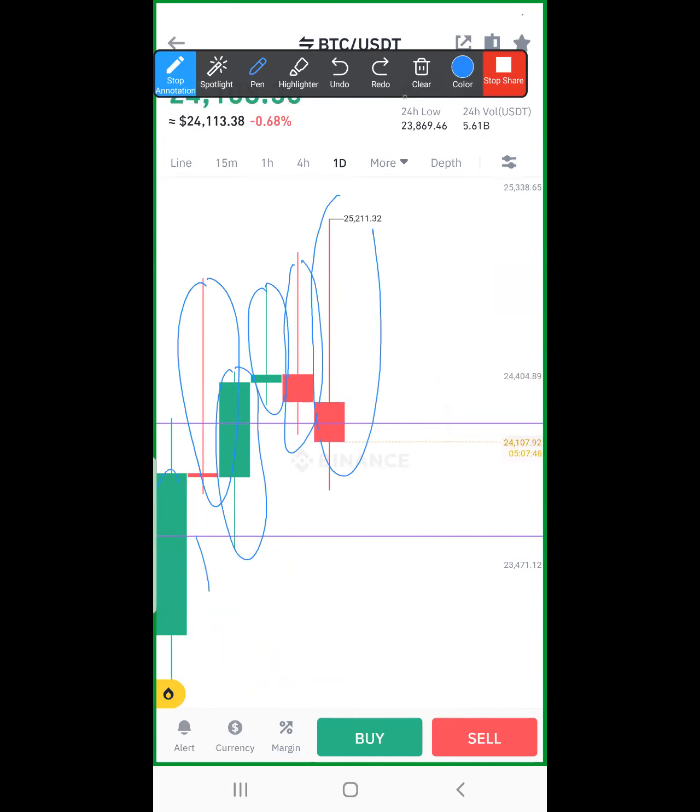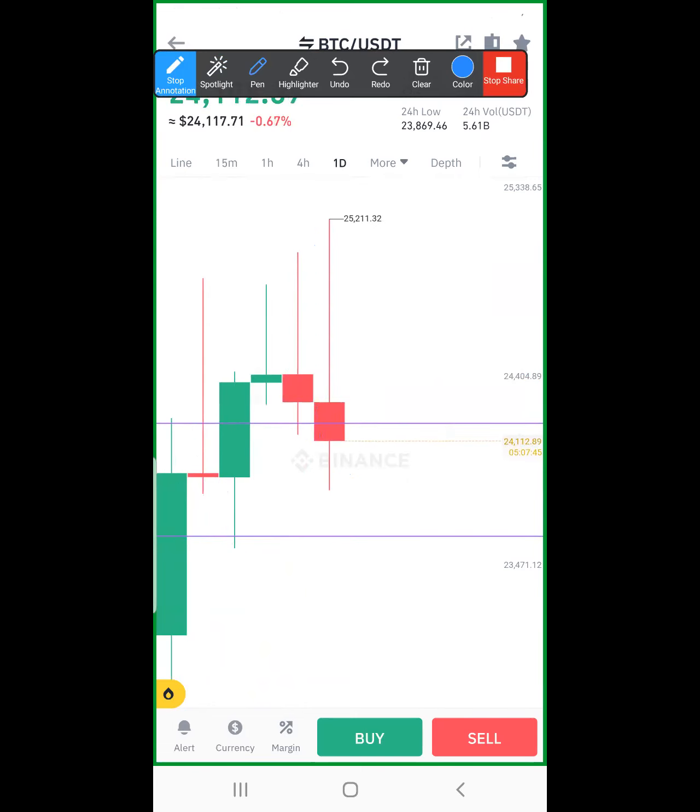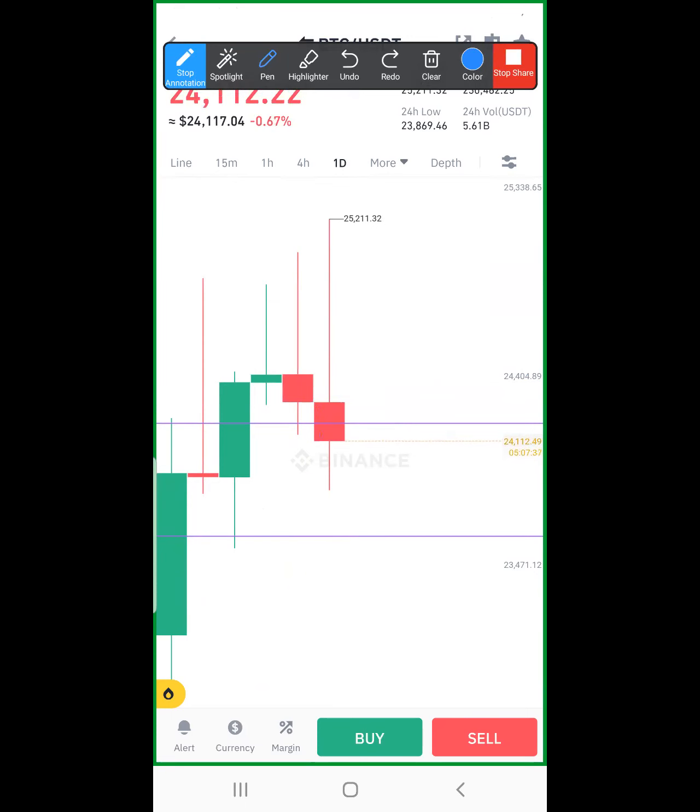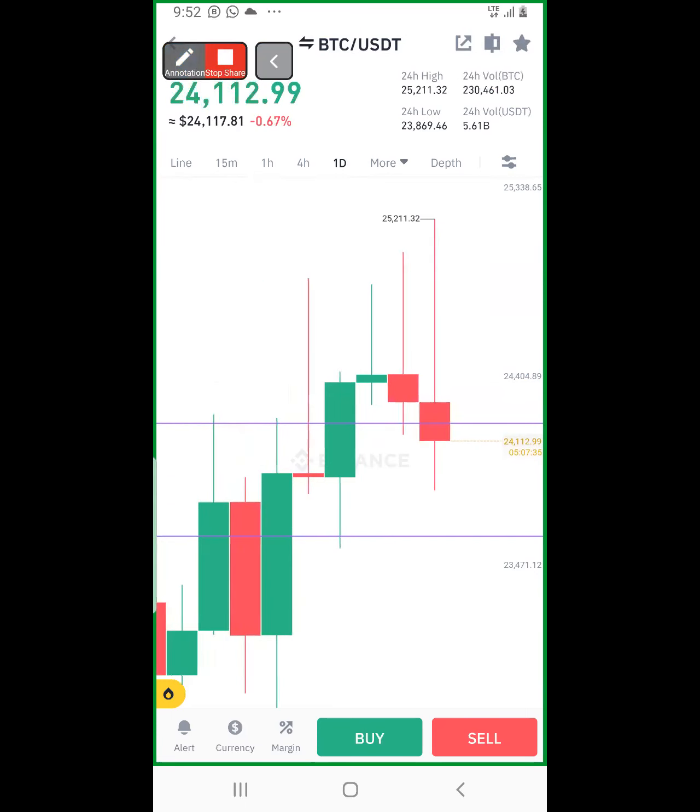When you look closely, you will see two kinds of bars. You see a green bar and a red bar.